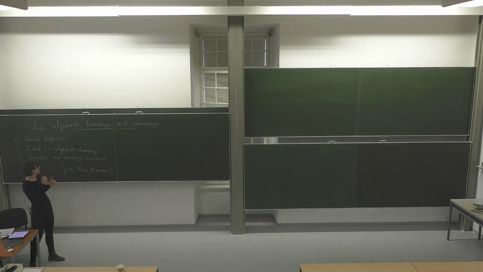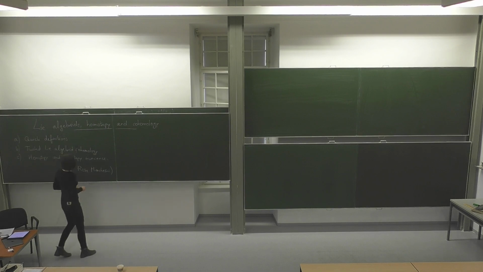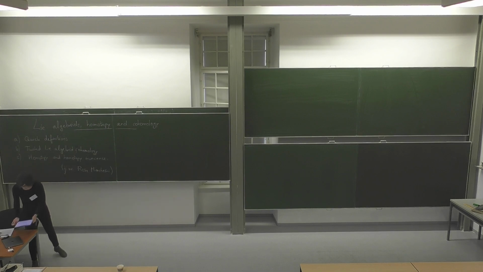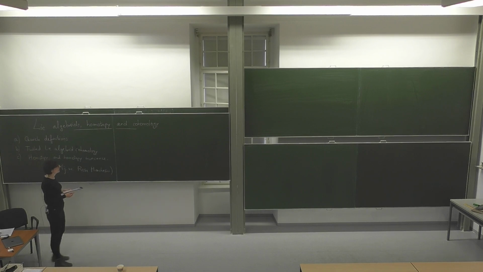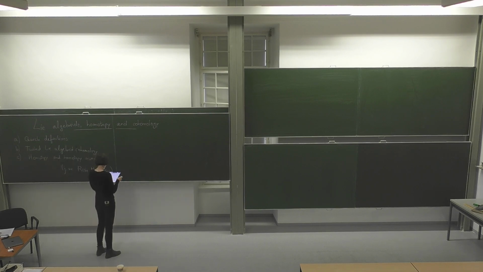So that's the plan for today. Please interrupt me if you have any question, of course. So first, as I said, the definition. I'm going to do a big part of the talk on the board, and then I'll switch to slides when it becomes technical, because we'll have huge diagrams that I don't want to draw myself on the board.